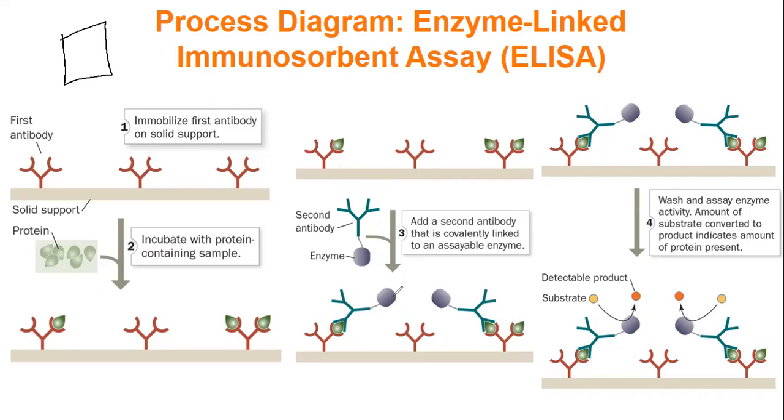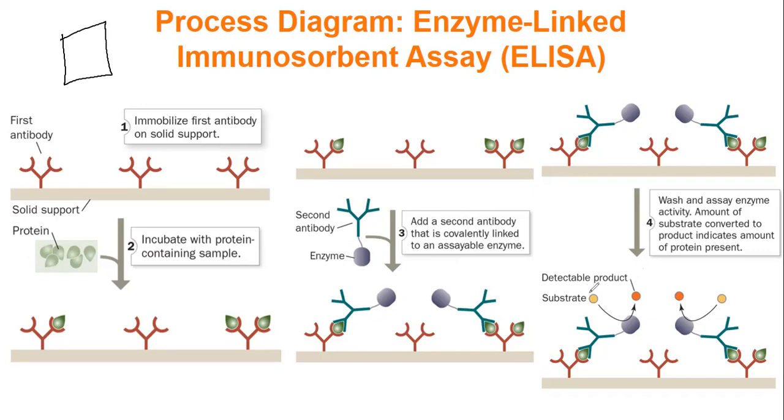This enzyme will do some kind of chemical reaction that we can see with our eyes. So we add this secondary antibody and it will bind if our protein of interest is already bound. We then wash our membrane, so any things that are lightly bound or any contaminants is washed away.